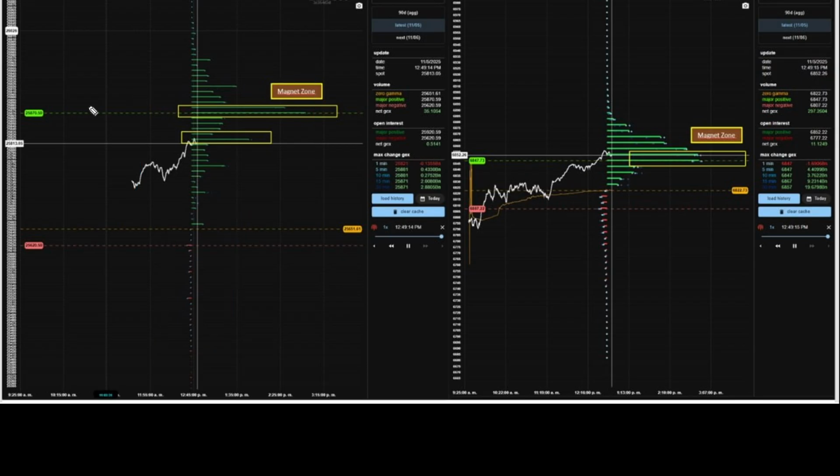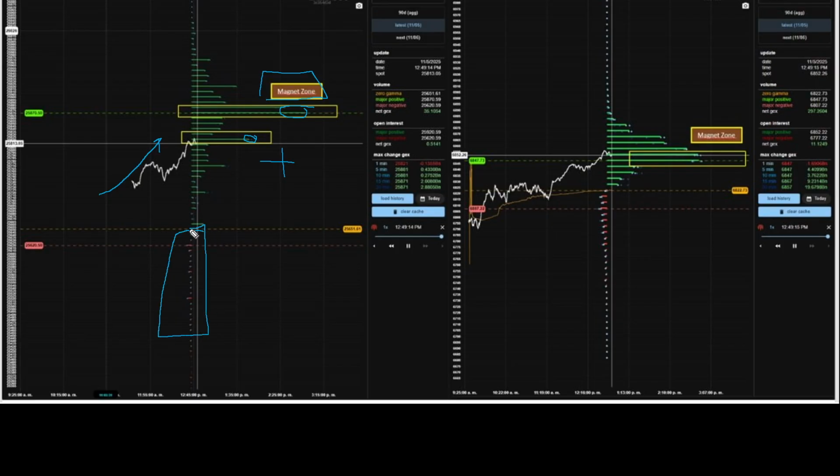That the expectation for the day is that the price will try to go in the direction of the max Gex level in the regime. In this case, the regime was positive and we want to go to the big level here because these are the magnet zone.